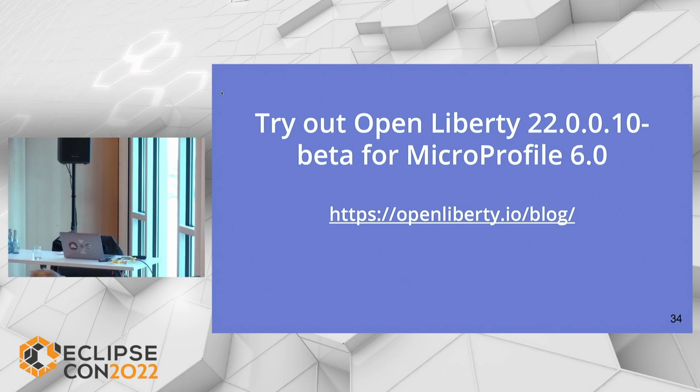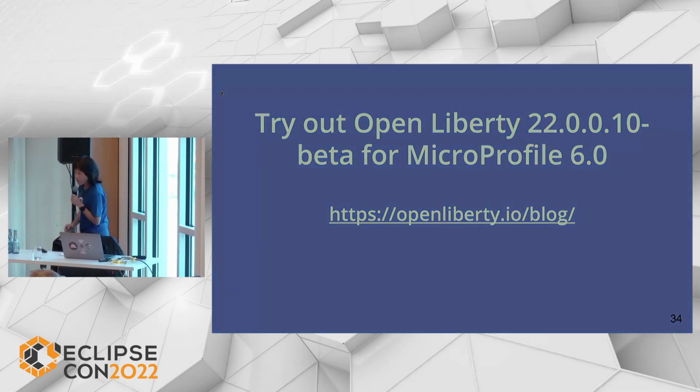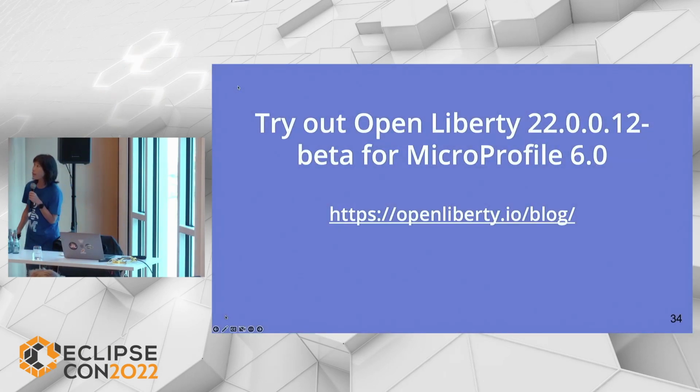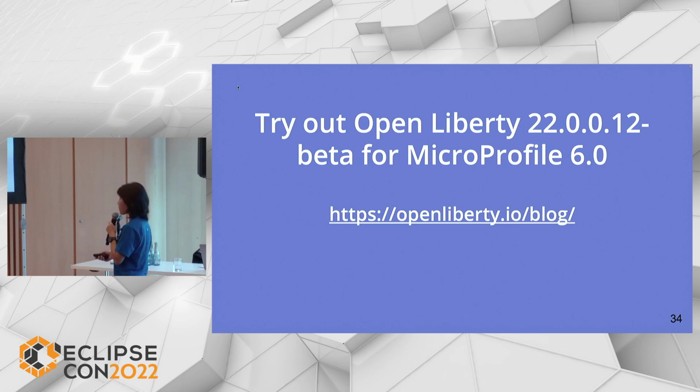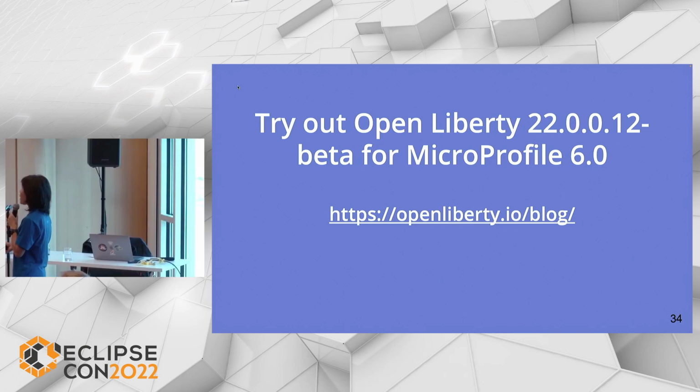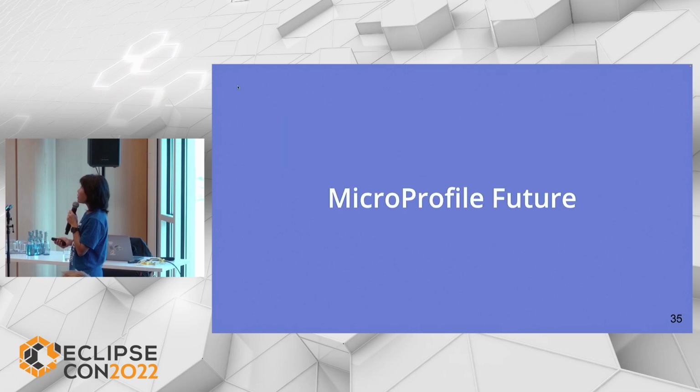So the blog will come up later today. We'll tell you exactly how to use the MicroProfile 6.0. And basically, you can use the Metrics 5.0 and MicroProfile Telemetry 1.0.